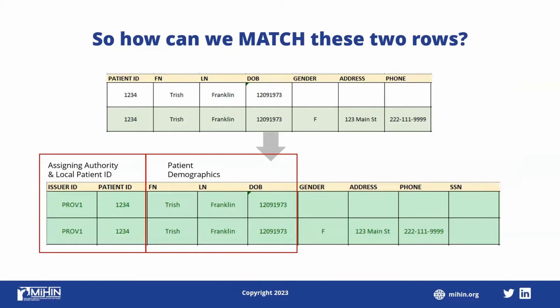So in this example, at the top we have those top two rows, and in the bottom we show that if we added issuer ID, prob1, and that was the same issuer for both IDs, we could use that issuer ID in combination with limited demographics to sanity check first name, last name, and date of birth, and we could match that patient and return the common key for them.